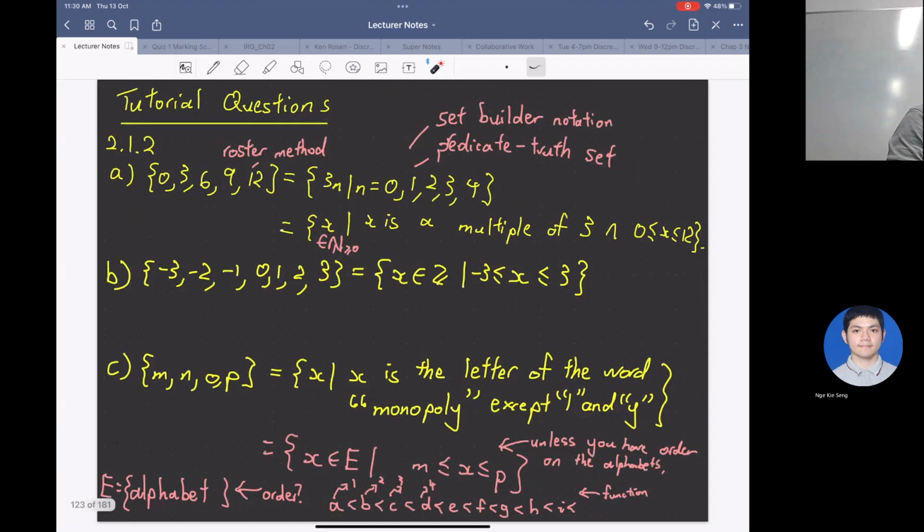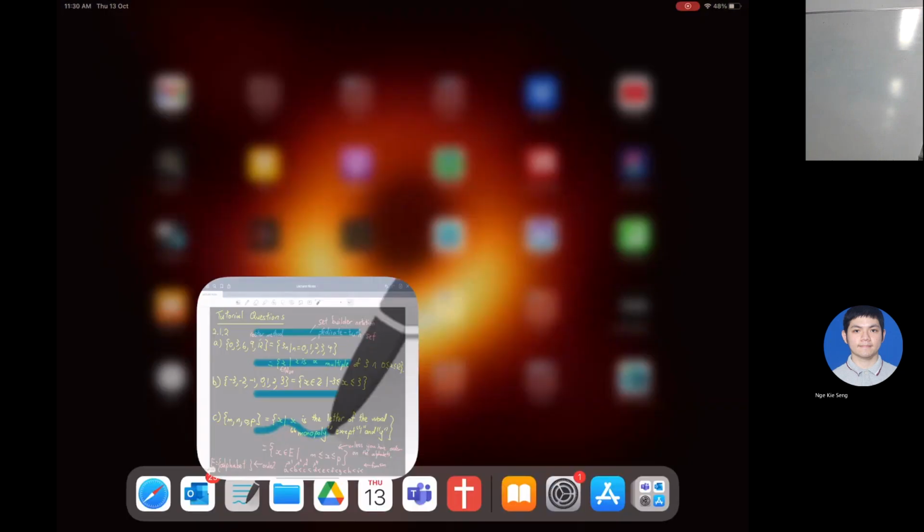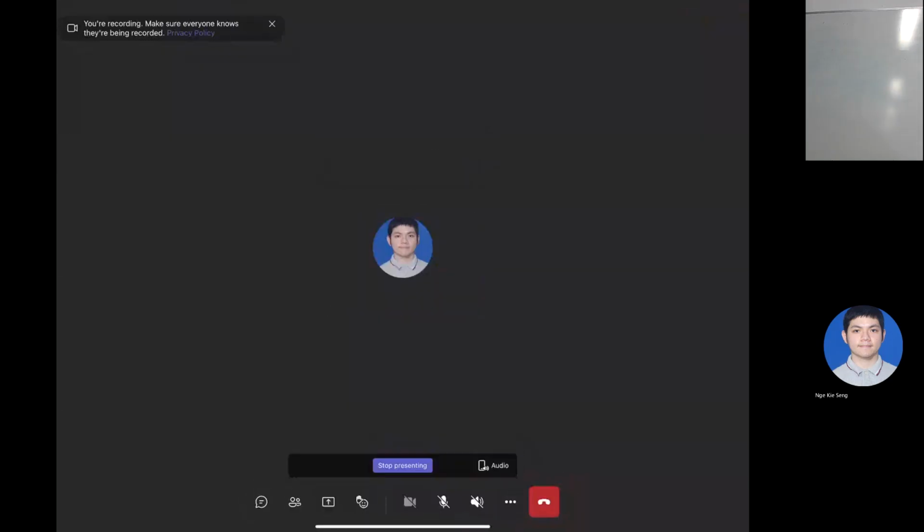So 2.1.2. They give you the roster method to list all the items and ask you to use the set builder notation to write.